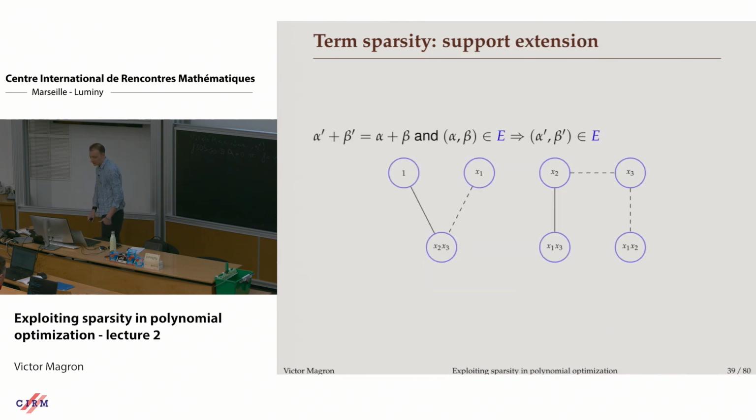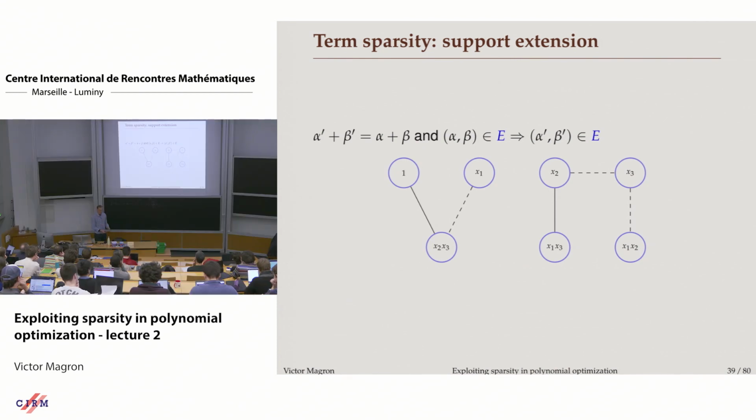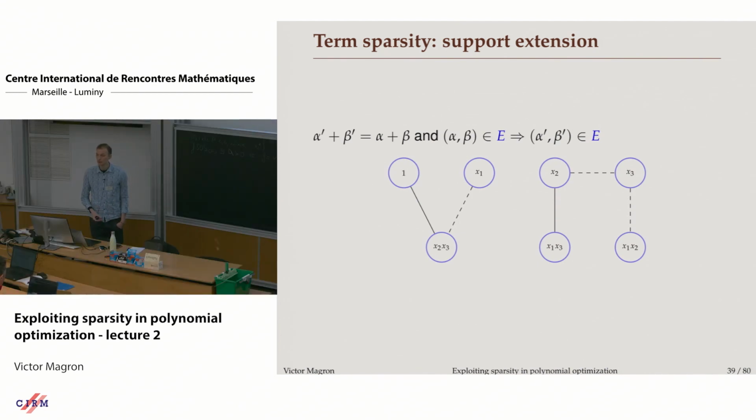And then, of course, you can stop, and it's a heuristic, or you can add more edges if you want. So how do you add more edges? Well, if I have a product which is present in my support, it's because it's a product of two terms which index my matrices. Then I can say, maybe I can obtain this product in other ways by multiplying two other terms. Then you're going to add these nodes to your graph, and connect all the terms whose product already appears in the graph.